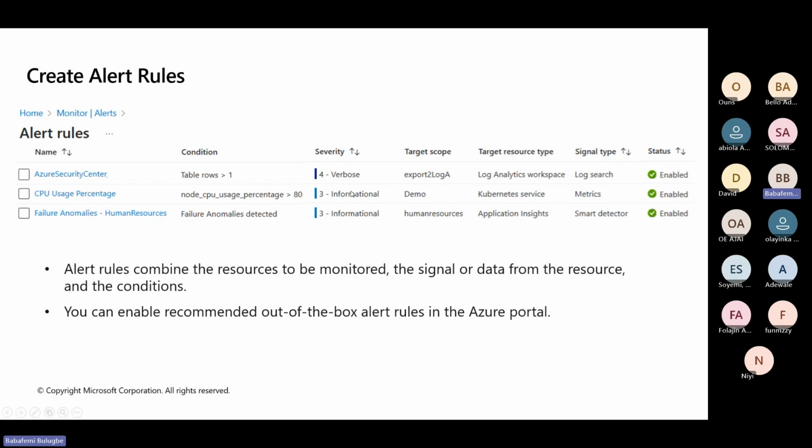But if it's 100%, we might set another one and say, when it's 100%, it's critical to the business. Based on this, you can set these, and once the condition is met, an alert is fired to the action group based on what has been configured. And that's what you can see here.